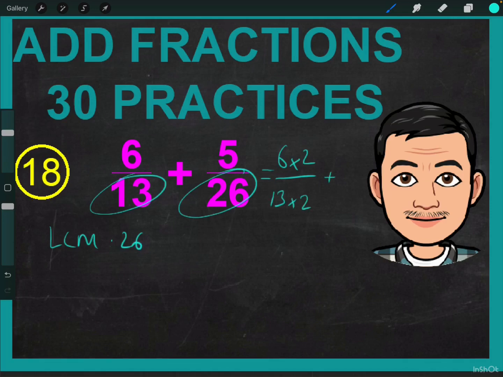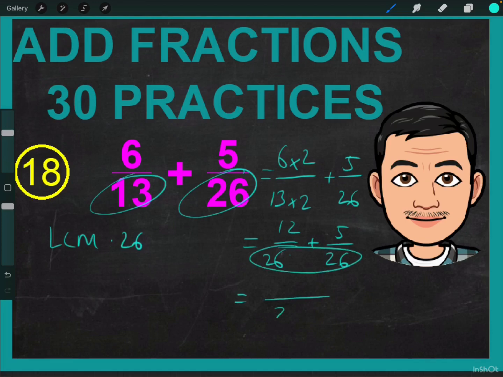For the second fraction, we just keep it the same. So we got 12 over 26, add 5 over 26. Now the two fractions have the same denominator. All we need to do is add the two numerators, 12 add 5.